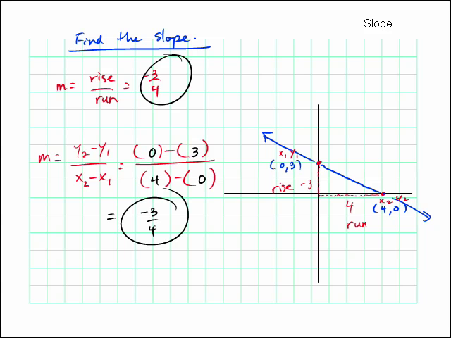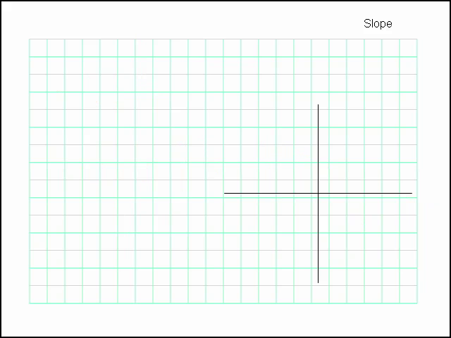Let's do a couple of special cases here. Let's say we have a line that is horizontal. And let's say we know it goes through this point, which is at -2, 0.